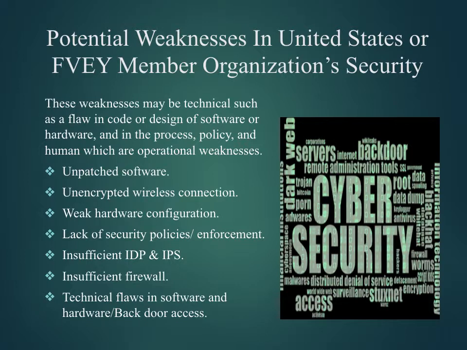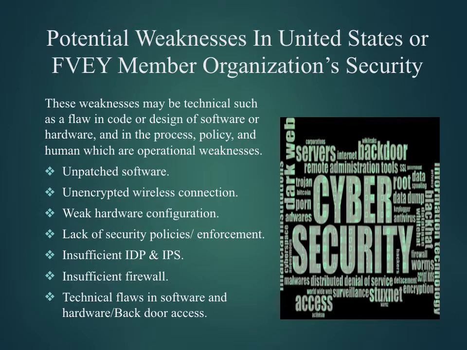As we review potential weaknesses in the United States or other Five Eyes member organizations' cybersecurity, we must note that these weaknesses may be technical, such as a flaw in code or design of software or hardware, or in processes, policy, or possible human weaknesses, which are operational weaknesses.